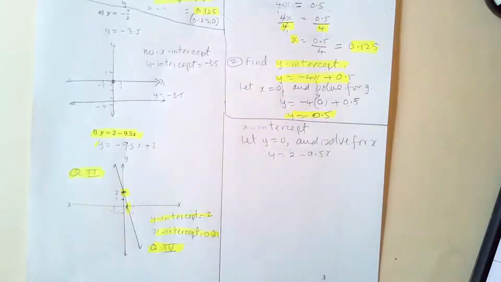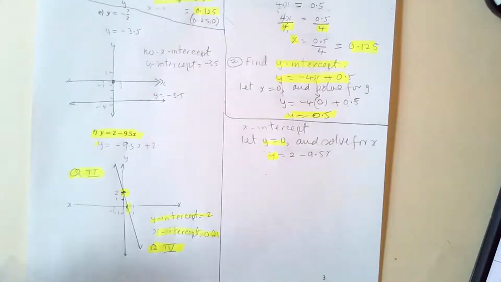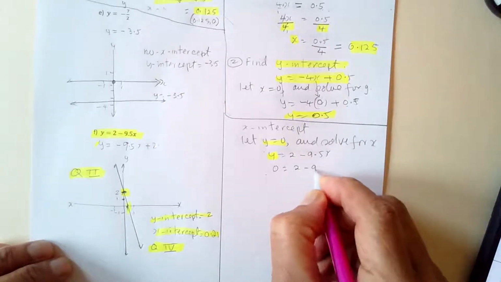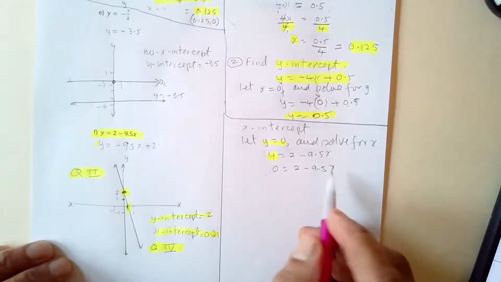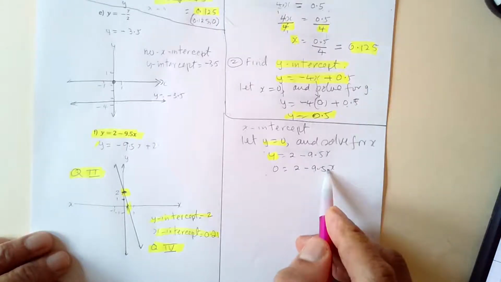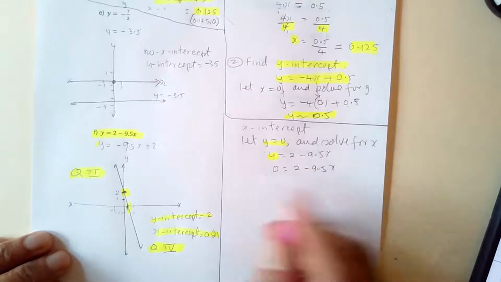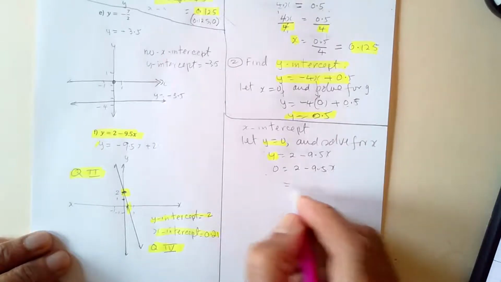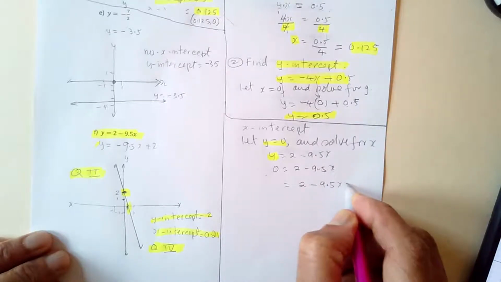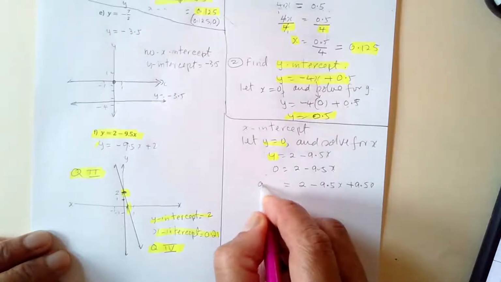If y equals 0, so we have 0 is equal to 2 minus 9.5x. Now, I want to isolate the x, so I will add 9.5x on both sides. So we have 9.5x plus 0 equals 2 minus 9.5x plus 9.5x.